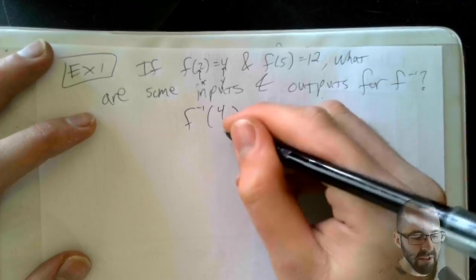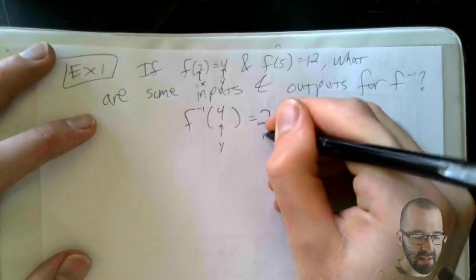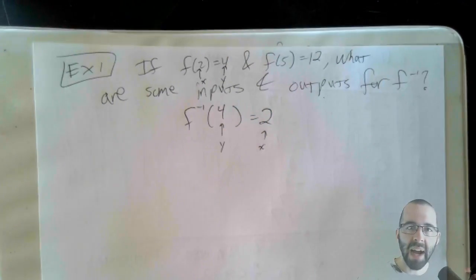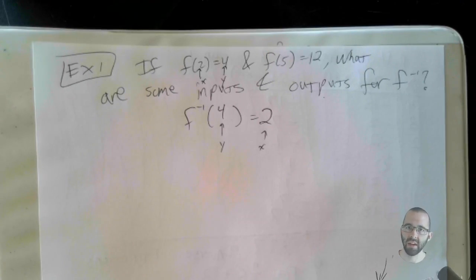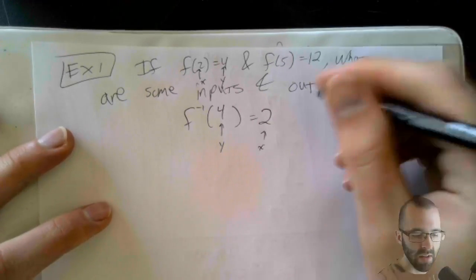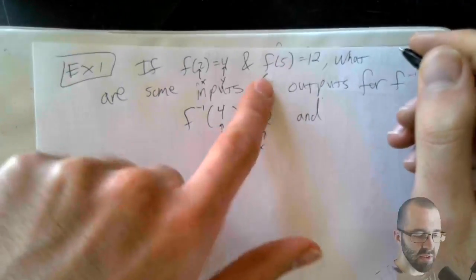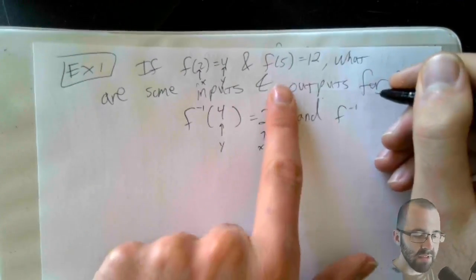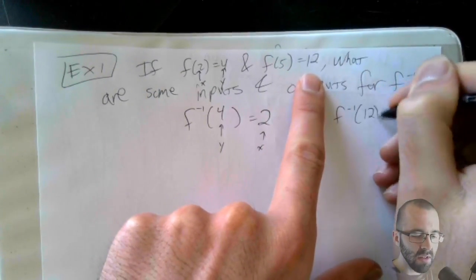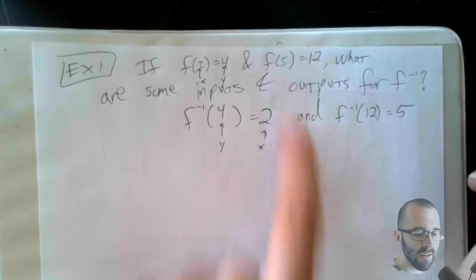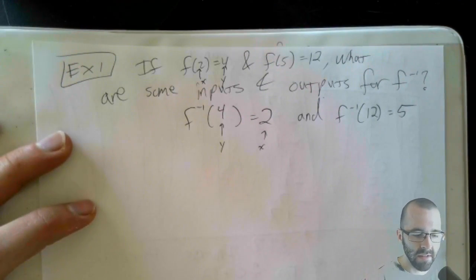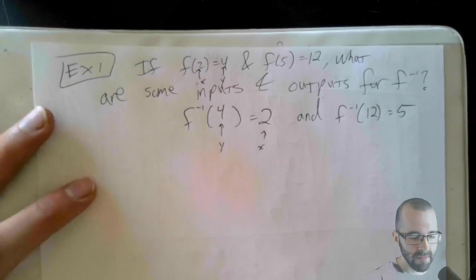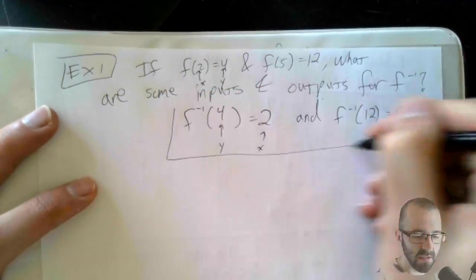F inverses usually take in y's and output the x's. They go backwards, undoing. All right. And so likewise, we can also do the other thing over here. F inverse of 12 is going to equal 5. All right. So these are our answers.